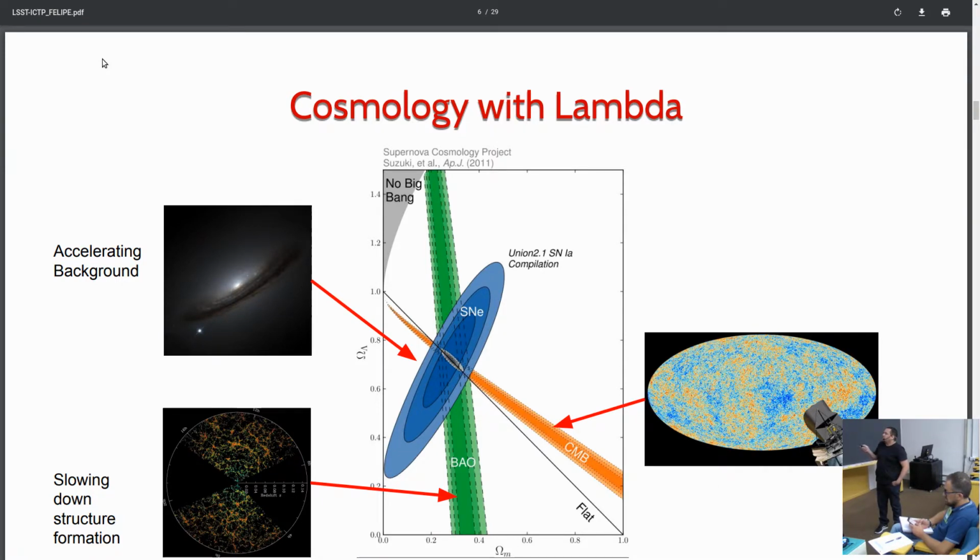Consider here the CMB, which constrains very well the flatness of the universe. Lambda makes the universe accelerate, producing some kind of repulsive gravity. And lambda also acts in the structure formation of the universe. It slows down the structure formation and makes it more consistent with what we observe.